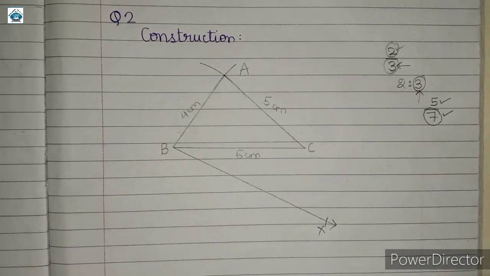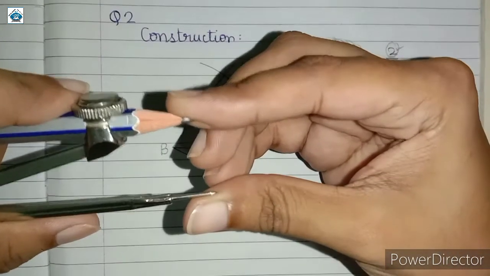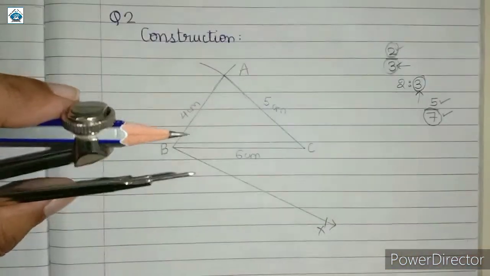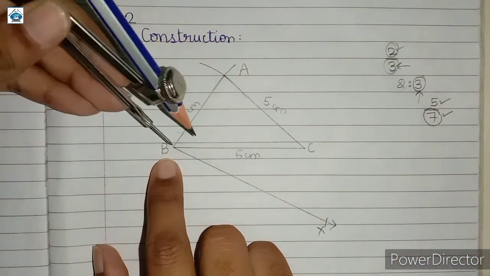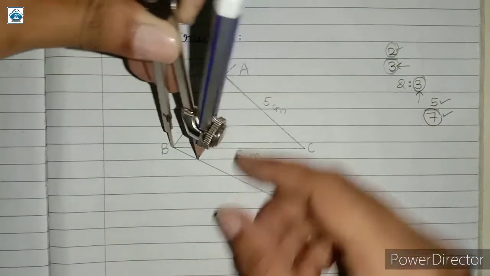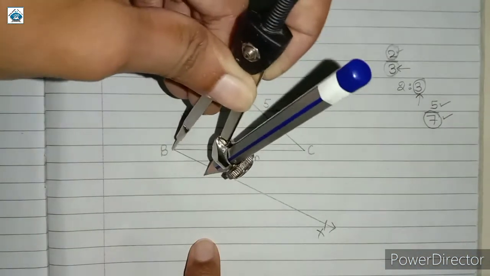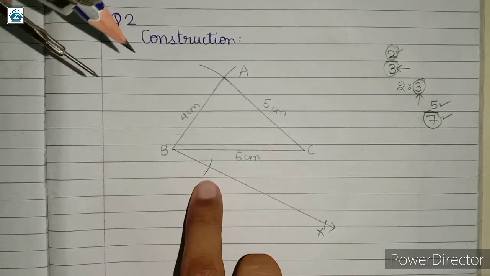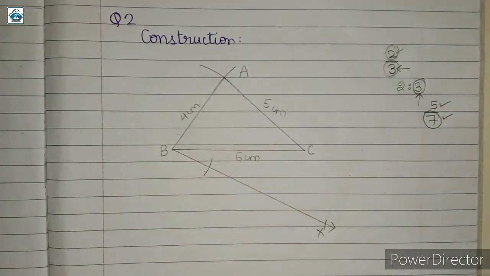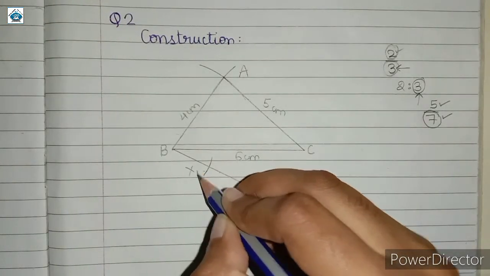Now, the divisions are made in the similar manner, just like question number 1. You need to take a fixed distance as the radius, keep the pointer at point B and draw an arc here. This is the fixed distance I am taking. So, here we get a point of intersection and let this be x1.